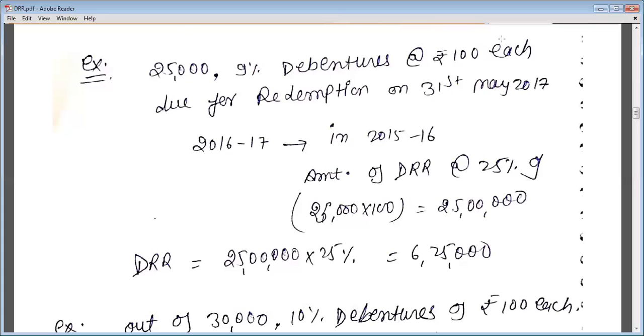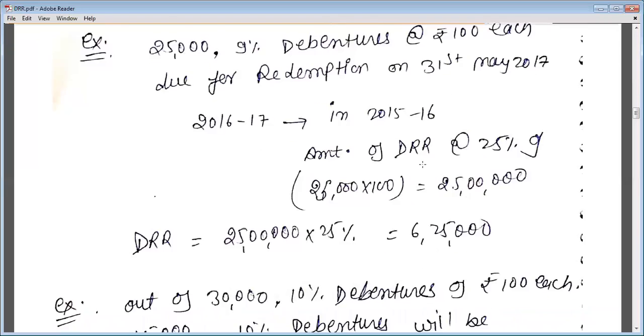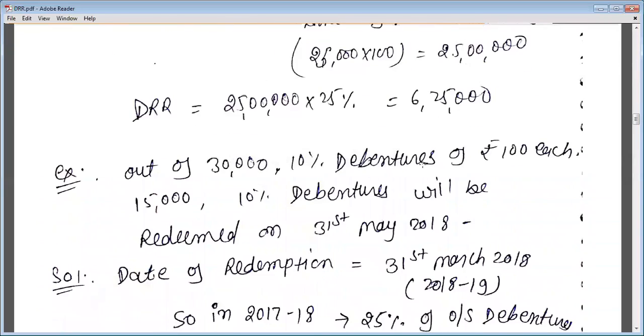Now 25,000 multiplied by 100, 25% of this amount, that means 25% of 25 lakhs. So the DRR amount must be 6,25,000. The amount transferred in DRR may be more than 6,25,000, but at least 6,25,000 has to be transferred.